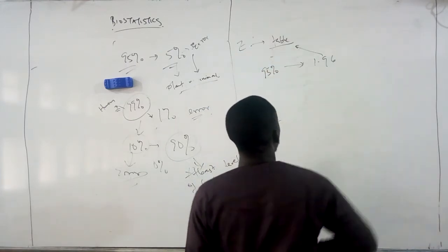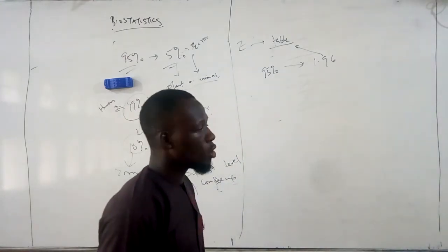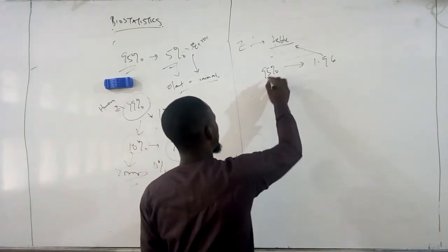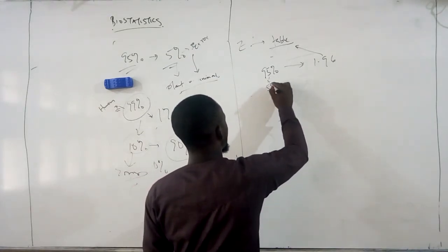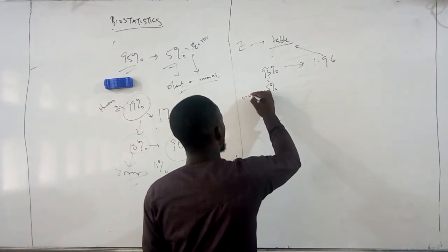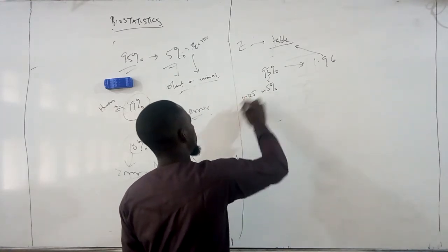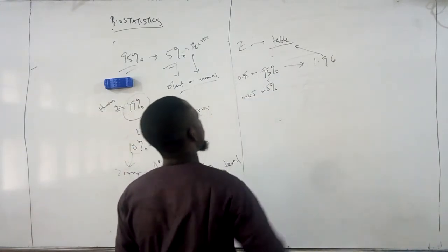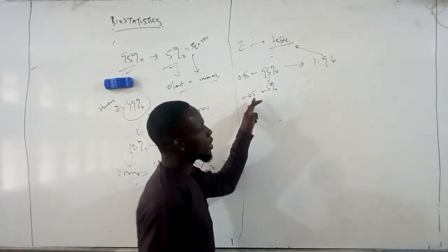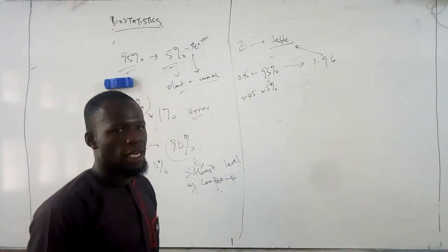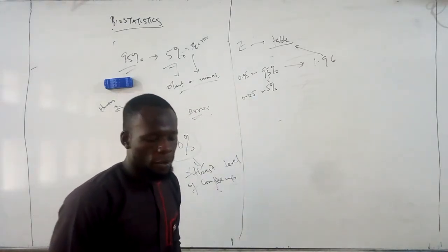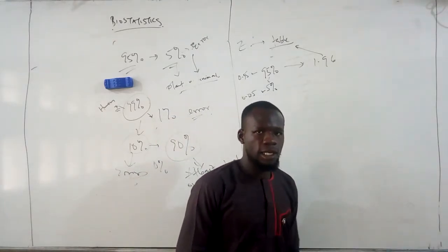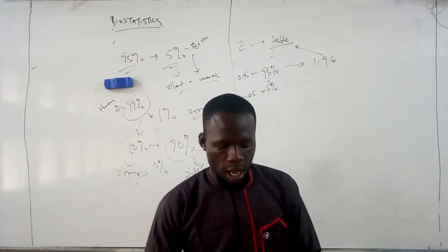So this is the Z value for a level of confidence of 95%, having an error of 5%. Expressed in decimal, we have 0.05, right? And this one is going to be 0.95. So if you check the Z table for 95% level of confidence, you are going to have 1.96. This is strictly used for life sciences.